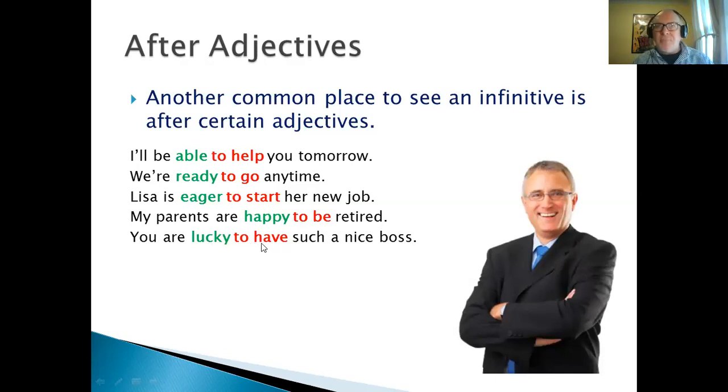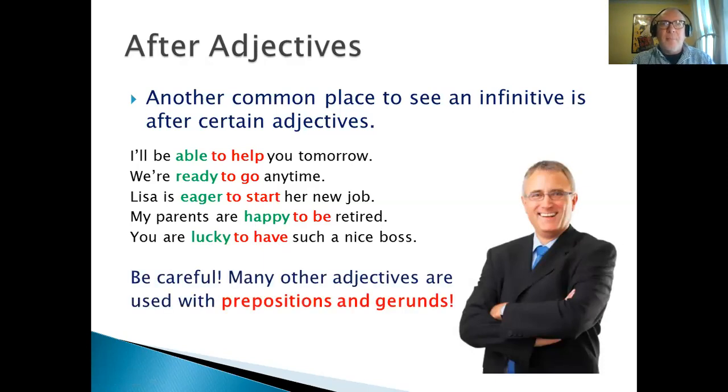Now, sometimes we use an adjective with a gerund, but most of the time we use an adjective with an infinitive, right? But be careful, it says: many adjectives are used with prepositions and gerunds. So for example, maybe you could say, I'm excited about going to the beach.